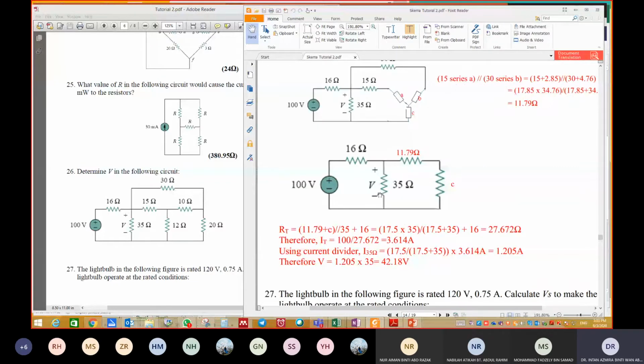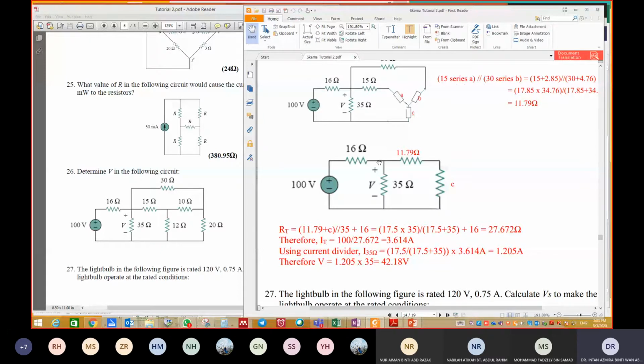Using the current divider principle, we find the current that flows through the 35 ohm. How? Firstly, you have to find the current source, because in the current divider principle we have to find the current that's supplied to the parallel circuit. So I total is the current that's supplied to this parallel branch.